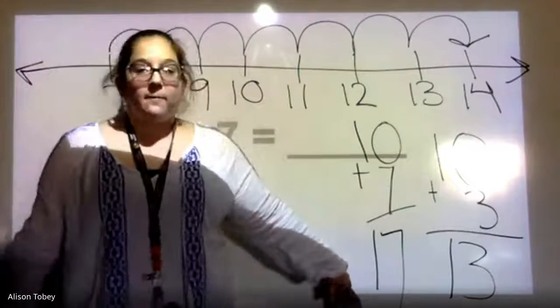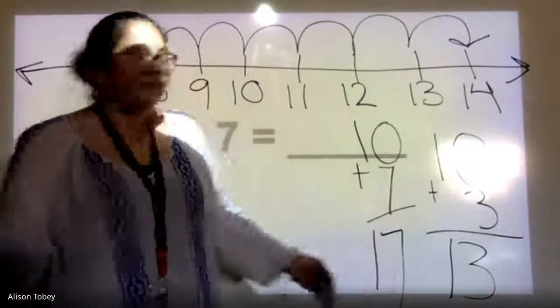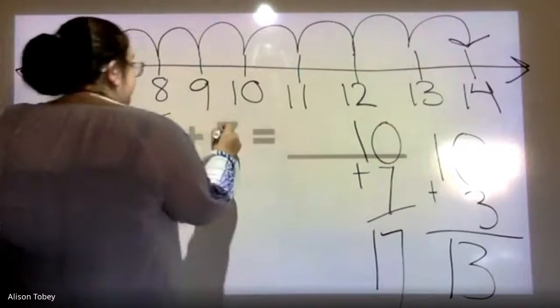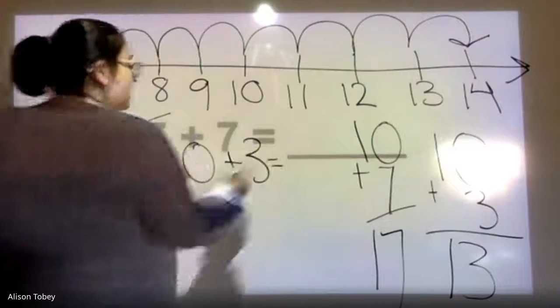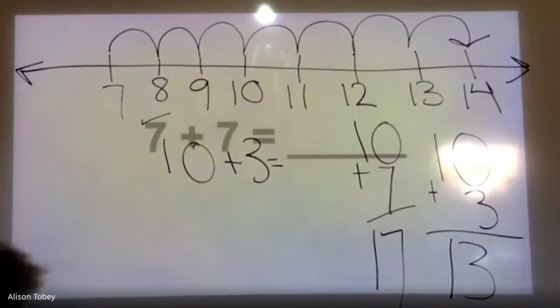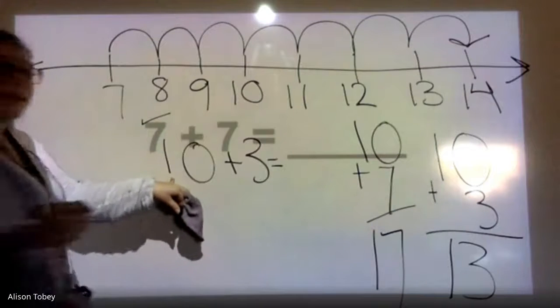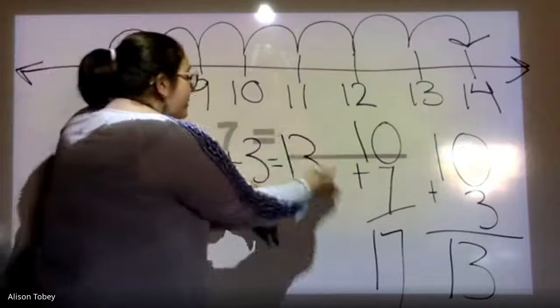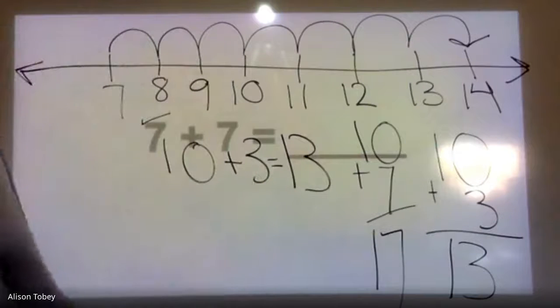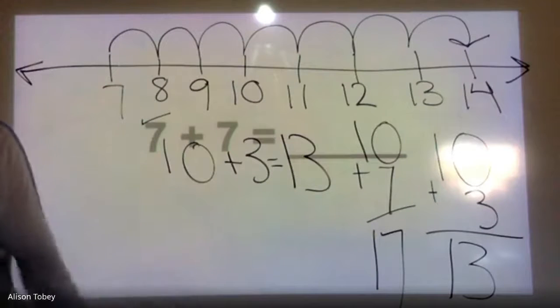So what is that? 17! Okay, what about this one? 10 plus 3. I'm going to steal that 1, and I'm going to put it over here. And I'm going to steal that 3, and I'm going to put it over here. And what is it? 13. Easy peasy, isn't it? Look at that easy peasy trick.